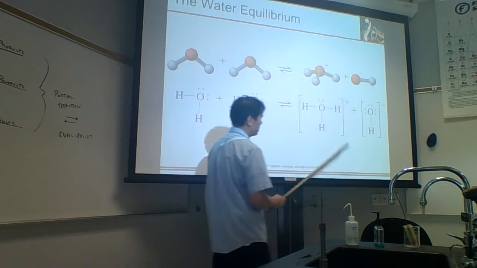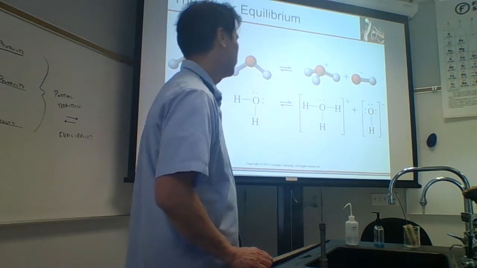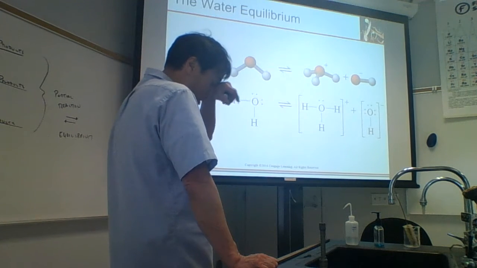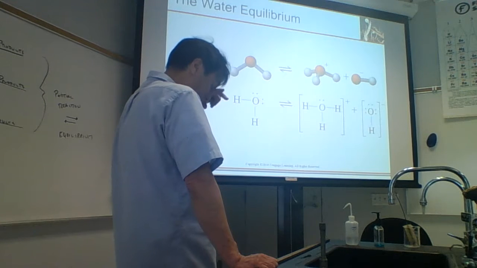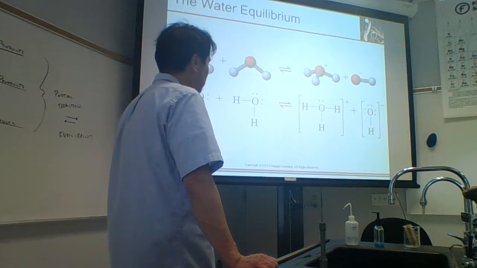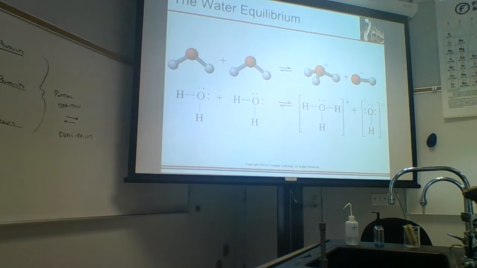Now which side is more stable in this particular equilibrium? Okay, so what we do is we just let the water sit, and then just wait until things have stopped reacting. And so which side is favored in this particular, which side is more stable, water or hydronium and hydroxide?